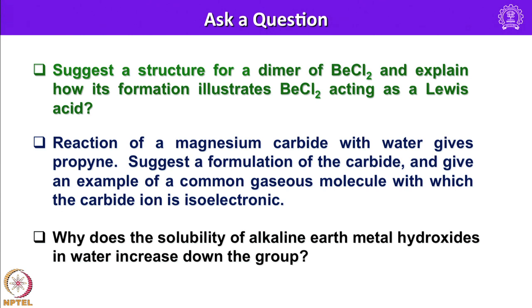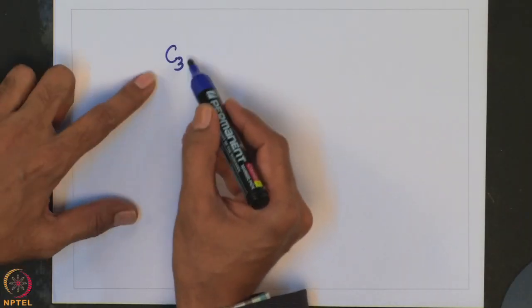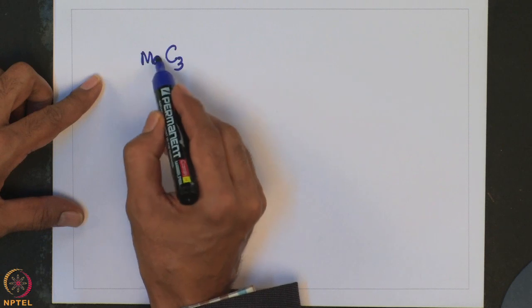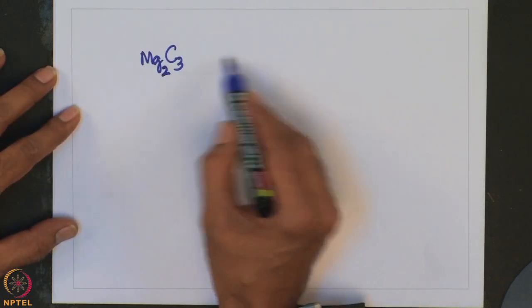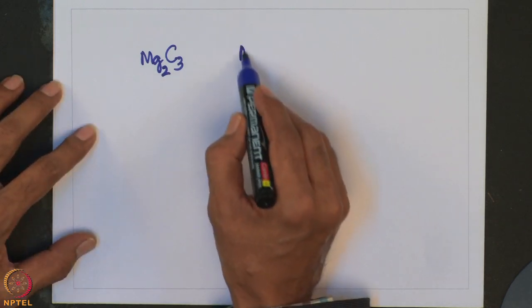So, that is the clue, you get it. Once you have the clue, simply balance the charge and consider a suitable composition. So, if it is given propane, there should be C3, and in order to balance this one should go for Mg2C3, so that you can also write it and see whether this is balanced or not.